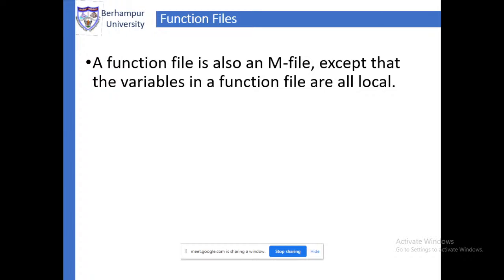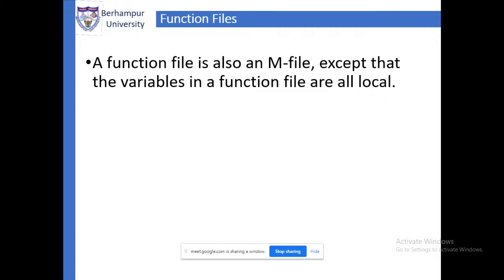The moment you come out of the function file, those variables will not be useful outside. You cannot use those variables. Suppose you are writing x is equal to 5 within a function file, and then you close the function file.